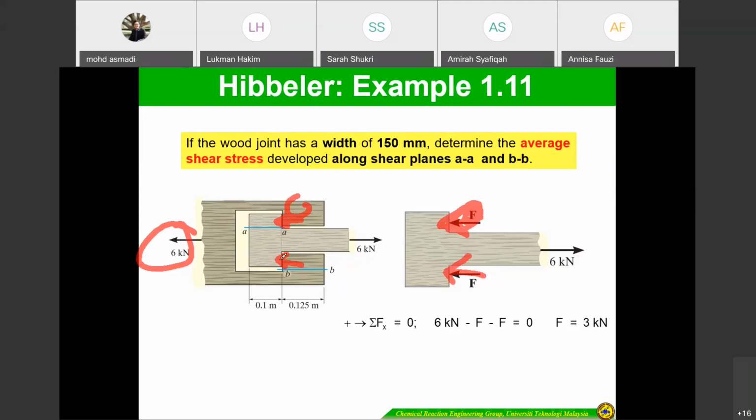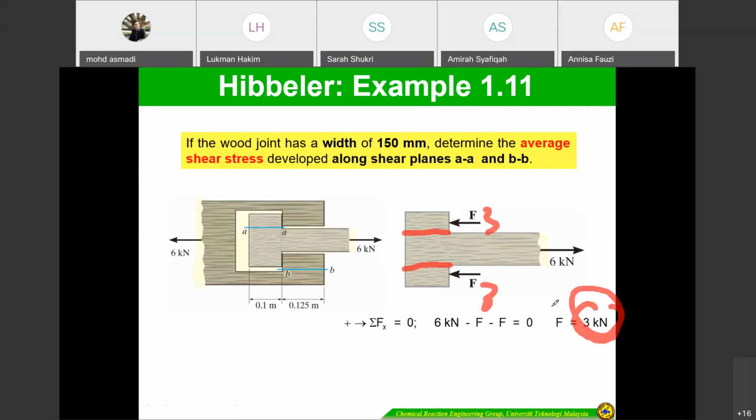So we can get the force F, and it's similar because we introduced 6 kilonewtons. F is equal to 3 kilonewtons. This one is 3, this one is 3, because of the same size, equally divided. That's why it is 3 kilonewtons.